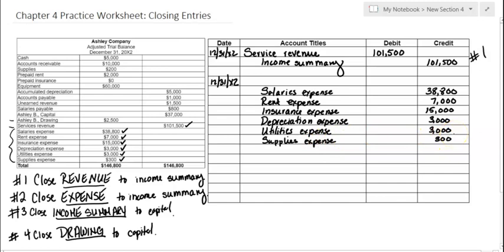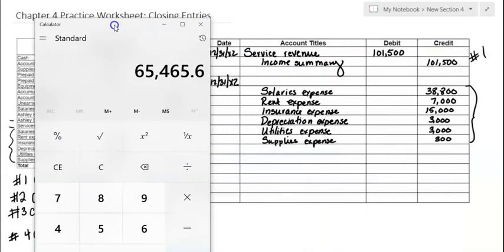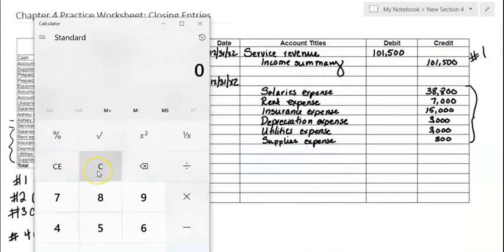All right, now this is where we have to come up with our plug. So we have all of these different credits, right? So first things first, we need to see what's the total of our credit side. Bear with me, let me grab a calculator. All right, so let's add up all those. 38,800 plus 7,000 plus 15,000 plus 3,000 plus 3,000 plus 300.